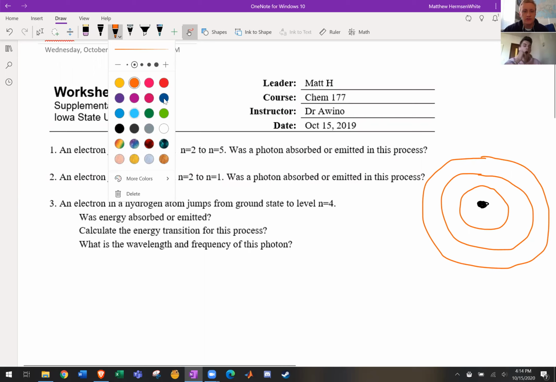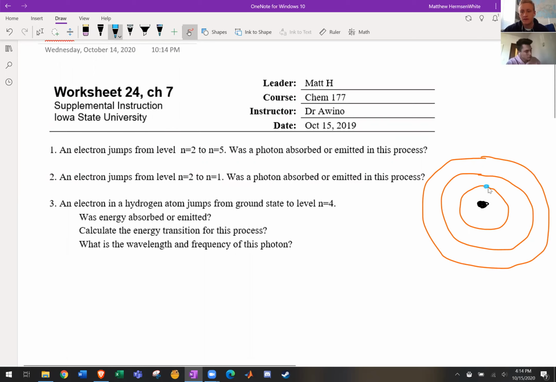Now you have electrons that are orbiting around the outside of the nucleus, and they can move up and down electron levels, and we represent the levels using n. So the first one, this is n equals 1, then we have n equals 2, n equals 3, and so on and so on.